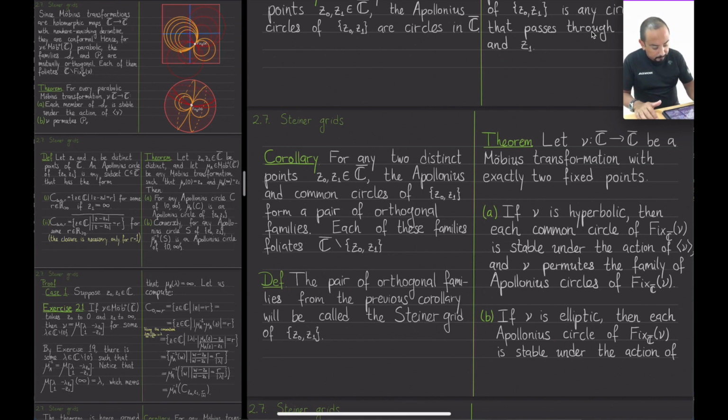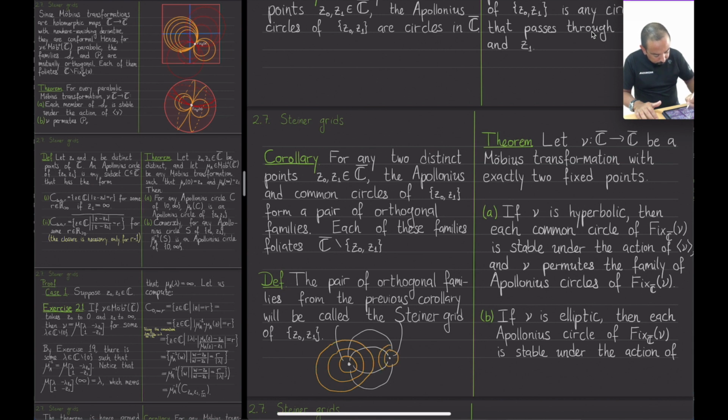if you have your 2 points, the foliation looks, well, I'm not very good at drawing, but like this, etc. Whereas the Apollonius circles, the other foliation, looks like this.